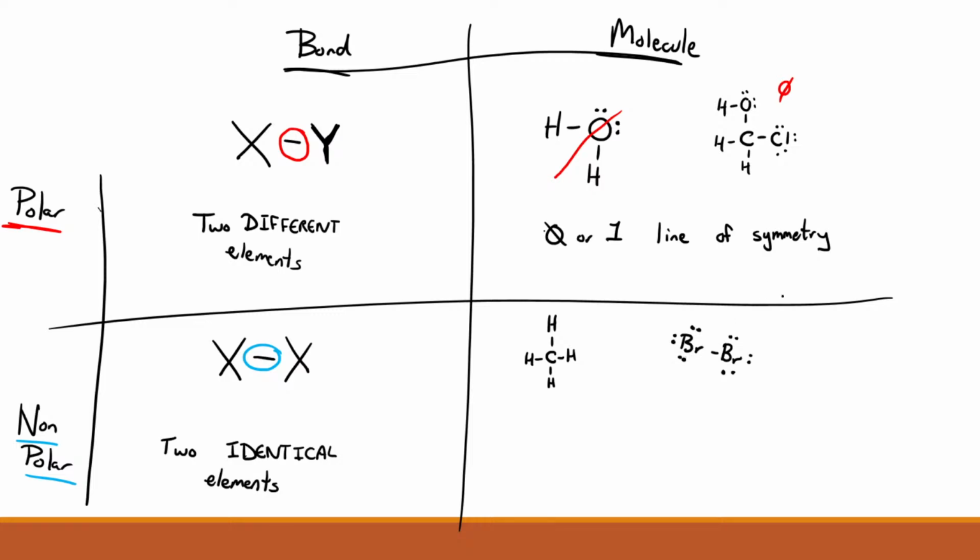So any one of these molecules, either of those two molecules, multiple lines of symmetry, more than 1.